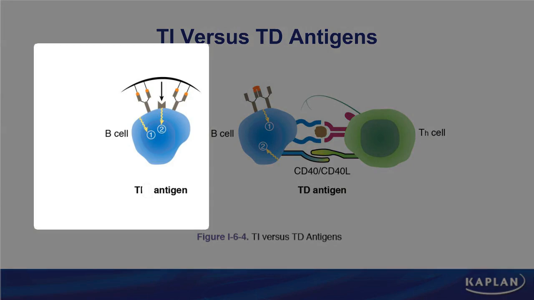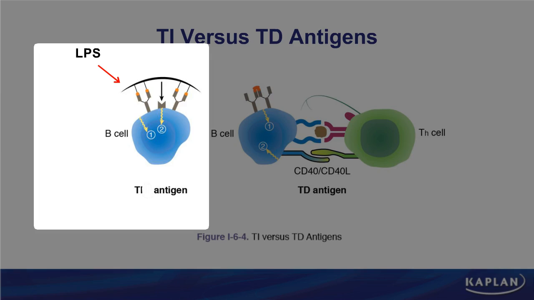There are different sorts of molecules that can do this. One example, a really good example, is lipopolysaccharide. Lipopolysaccharide has a lot of repeating subunits and can lay itself over multiple B cell receptors, which can result in activation of the B cell.